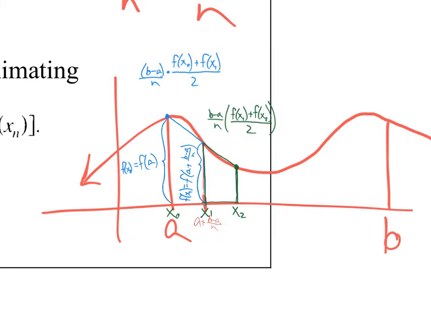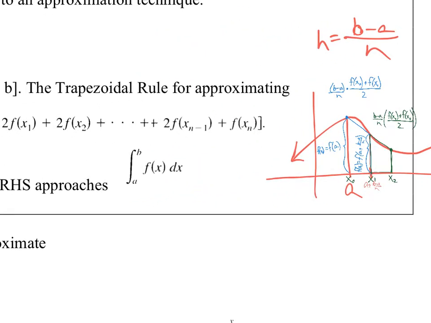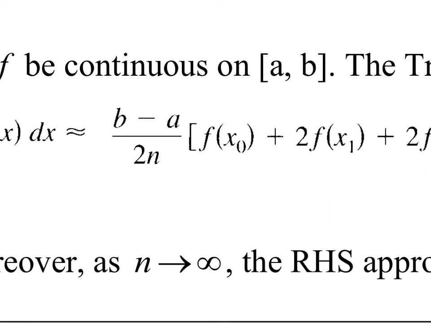So if I'm going to add them up, that's going to be a common factor of all of them, right? Also, all of them have been divided by 2, so I could factor out a half as well. That's where, in the formula, this b minus a over 2n comes from. If you understand this, it's a whole lot easier to remember.